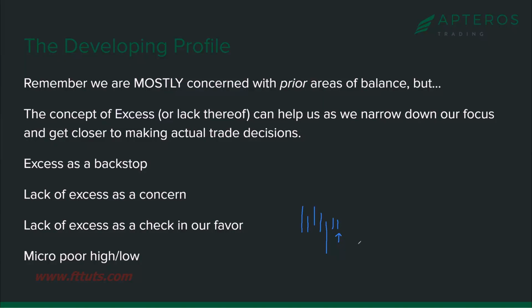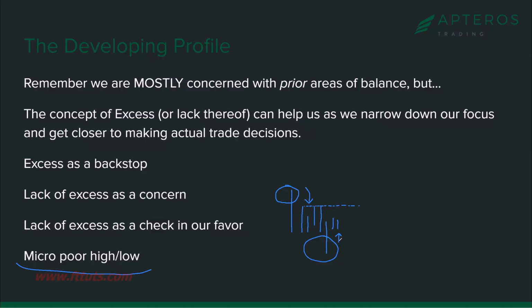In fact, sorry, let me make it, just for the sake of this example, to be specific about a micro poor high, poor low. We had B period and D period right here at the same high. And let's say this one did it too. We had 3 TPO periods which formed the exact same high, and we've got nice excess at the low. We do have some excess at the high, but we have a micro poor high. A micro poor high is one that occurs inside the extremes of a developing profile.